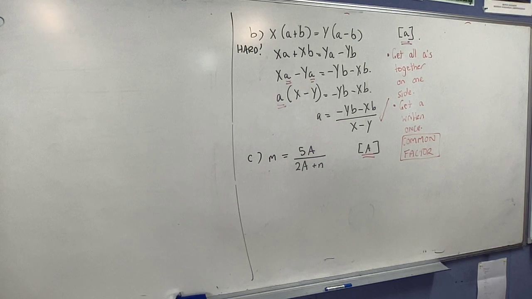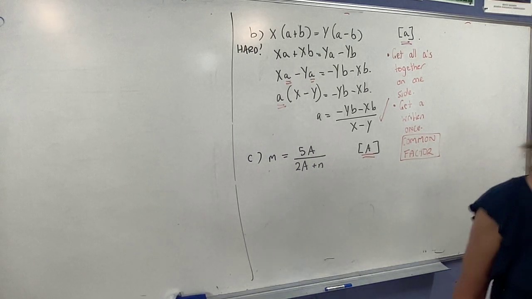And I don't want to see anyone just sitting there waiting. Okay, so you've got to get A to be the subject on this one. So somehow you have to get your A's together, but if you can't see it yet, do something that's going to make it change a little bit. Alright? Do something. Everyone has to do something.